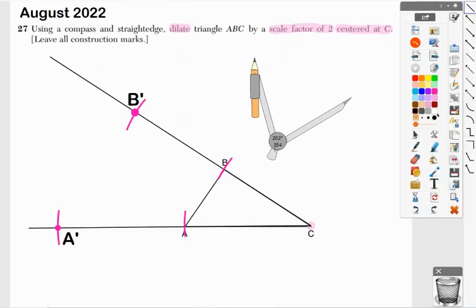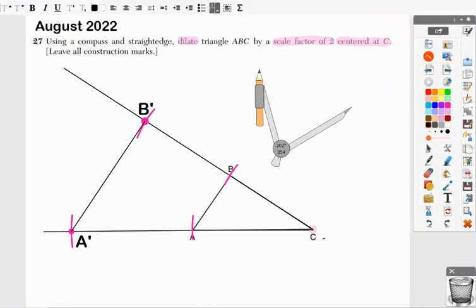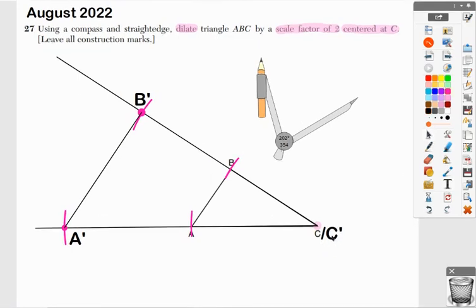And now I'm going to draw a line because it did ask me to dilate triangle ABC, so I need to make sure I have A'B'C'. What you'll notice is I only have to draw that one line because this point C is also C prime. So at this point I'm done.